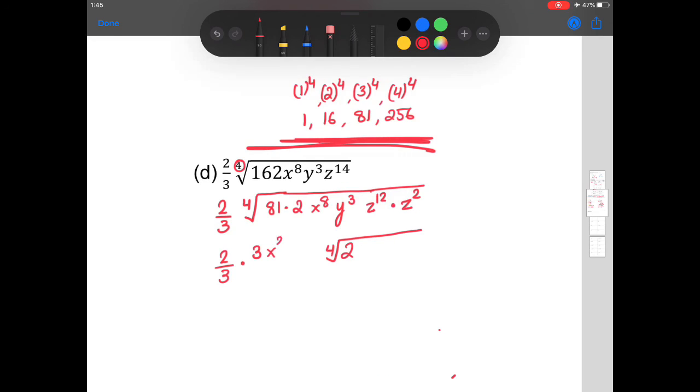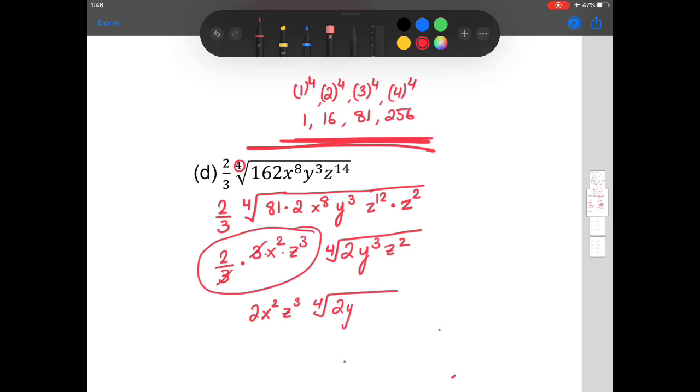So 8 divided by 4 is 2. Y cube stays under. 12 divided by 4 is 3. And z squared stays under. Now let's simplify this. This is all multiplication, remember. Okay? So the 3's actually cancel out. So you have 2x squared, z cube, and fourth root of 2y cube z squared.